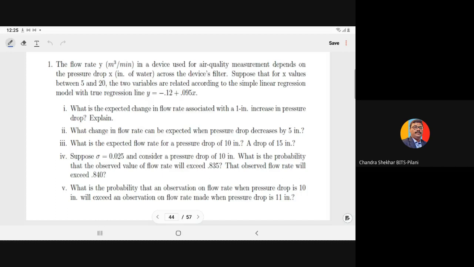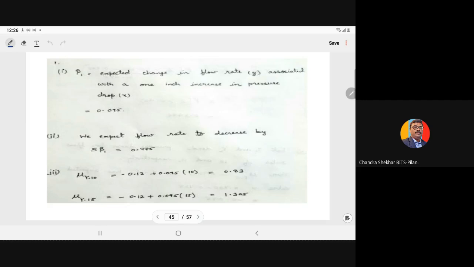So when there is an increase in the value of x by 1 inch, what will be the change in y? They are asking this. It is simple. It is equal to beta 1, right?